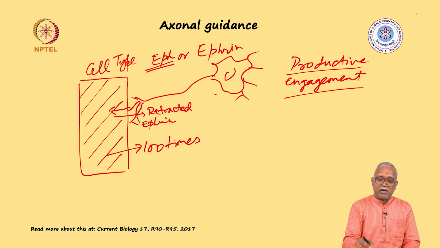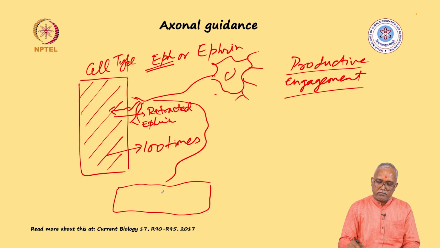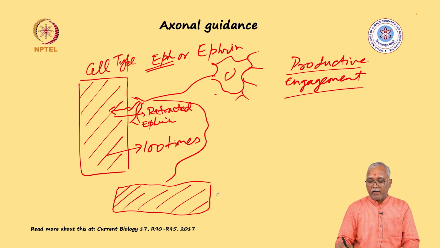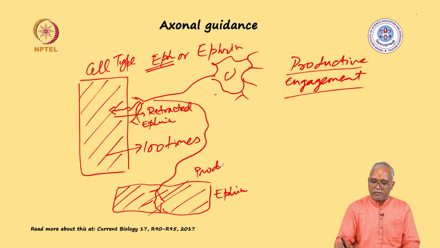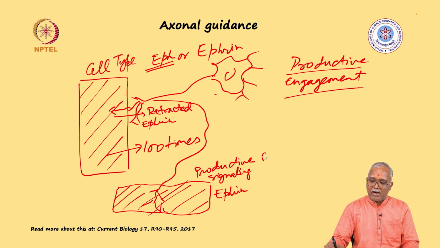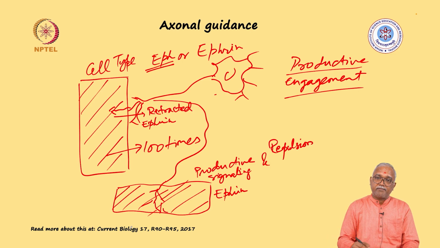Now what will happen? Suppose after seeing multiple attempts, this axon moves in another direction, to another tissue region. What is happening here? You do not have the right type of Eph-Ephrin present over here. So the axon moves in, does not get into productive signaling and repulsion, and keeps moving and finally terminates where it is destined to.